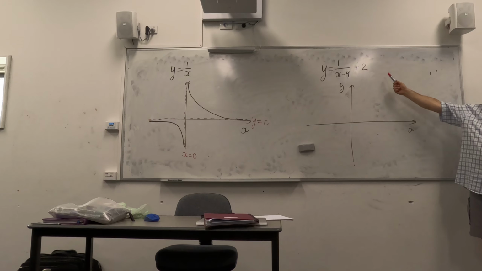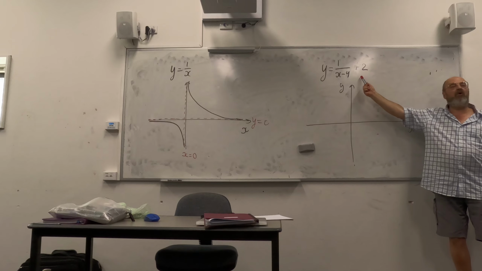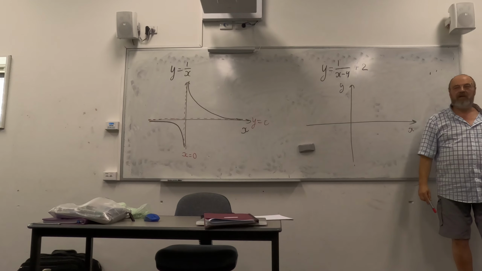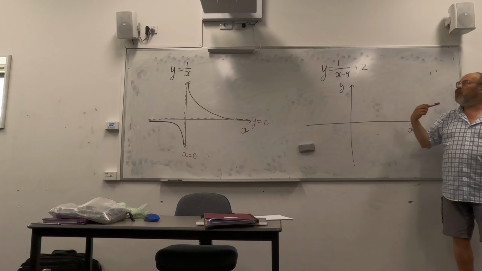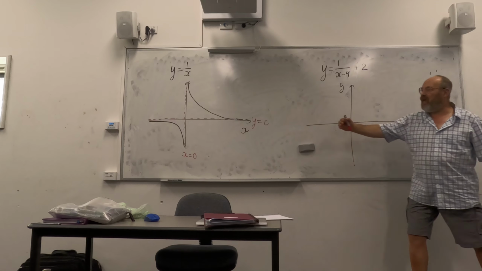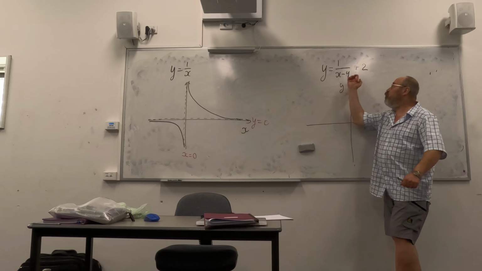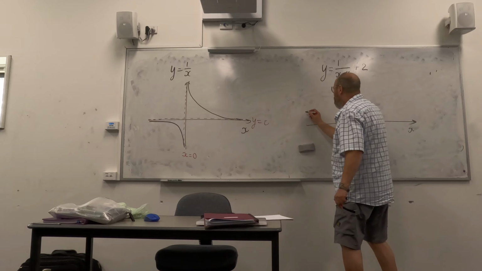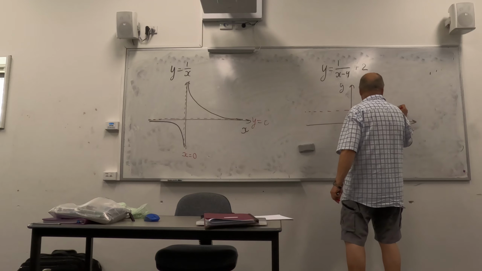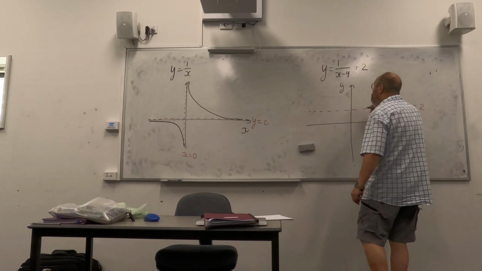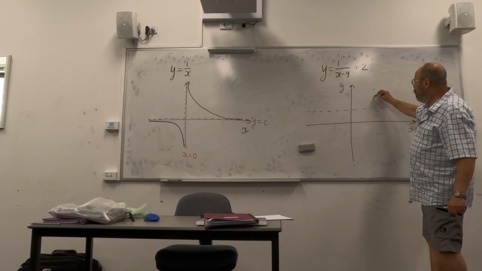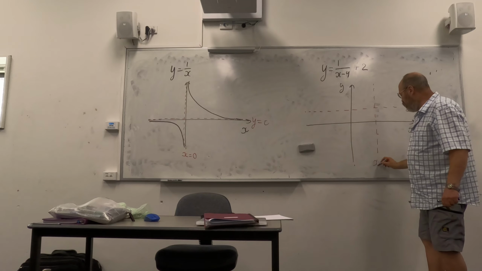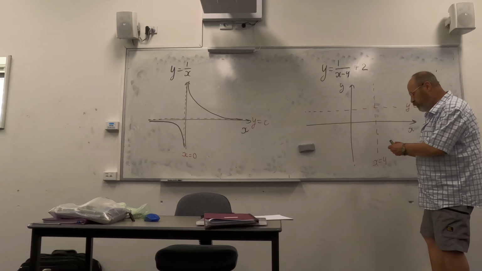We're moving it up, so it is y equals 2. And we're moving it 4 to the right, so we have x equals 4.